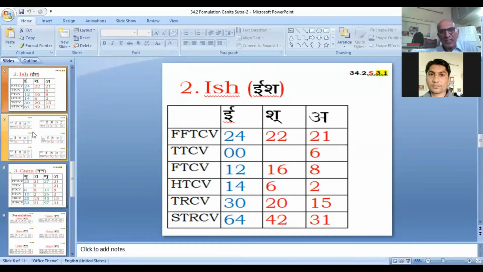The TCV value for the formulation Ish as a composition of triple letters is 7. These 6 inner folds of the TCV values of triple letters of formulation Ish are tabulated as sheet 3.1.